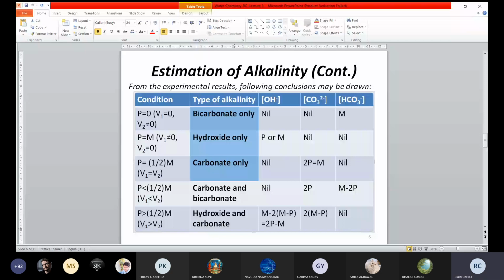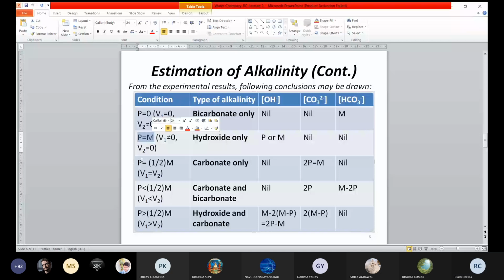So other than these 3 extreme conditions, when P is equal to 0, or when P is equal to M, or when P is equal to exactly half M, there can be 2 more conditions. When volume V1 is less than V2, or you can say P is less than half M, or V1 is greater than V2, that will mean P is greater than half M. Now, how can we decide which combination will correspond to what? This I have tried to explain with a small trick.